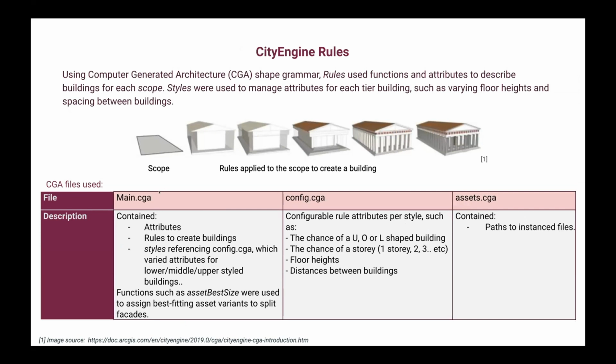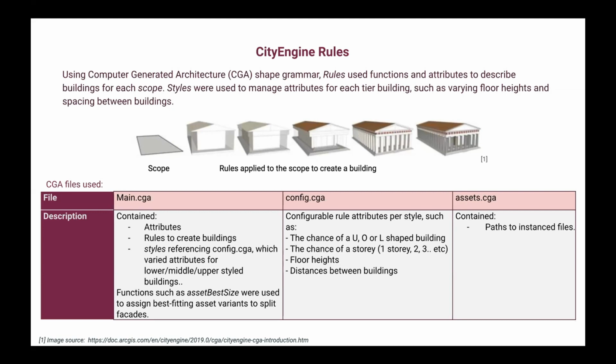So the scripts that I used were main, config, and assets. Some of the file names are explanatory. So the configuration file contained attribute data for, say, the width of the windows or the width of the doors.